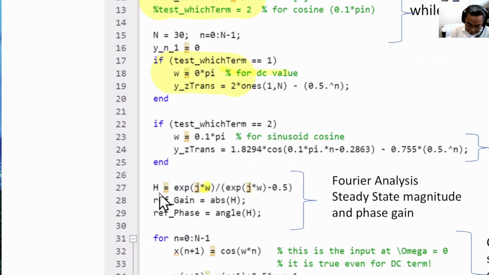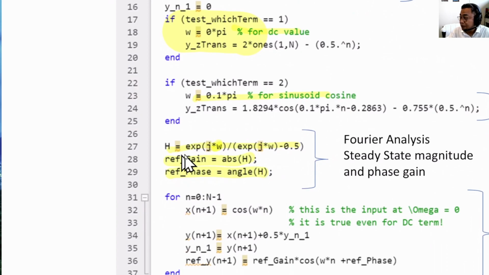So H will calculate for me the gain and phase shift at that particular frequency. This H is equal to e^(j omega) divided by e^(j omega) minus 0.5.